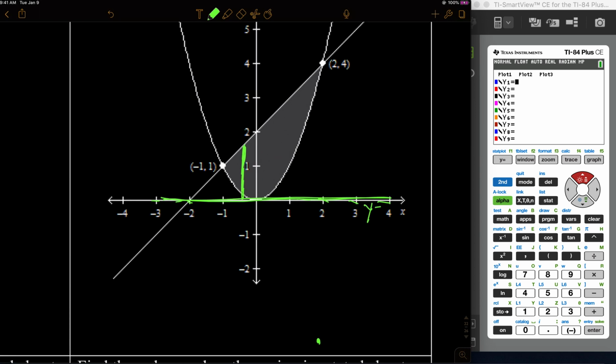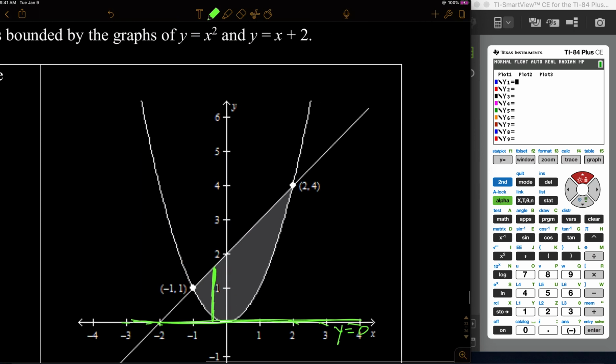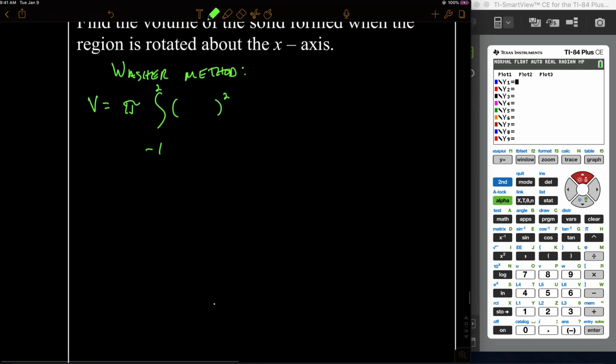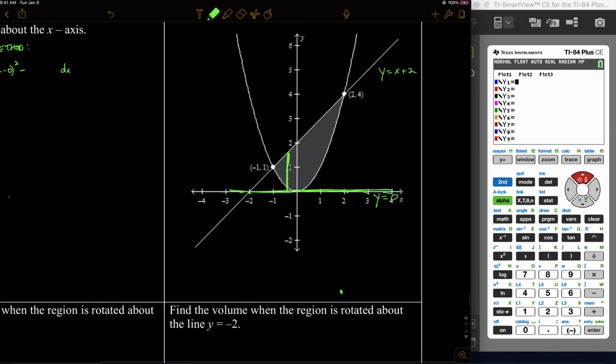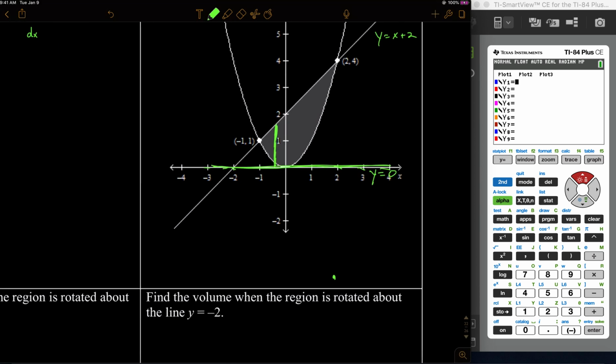The equation of the axis of rotation is y equals 0. The equation of the outer function is y equals x plus 2. So our big radius is going to be x plus 2 minus 0, and we're going to square it because we're doing volume, pi r squared. That's the area of the base times the dx, there's our width to get our volume. Minus the volume of the inner part, the inside.